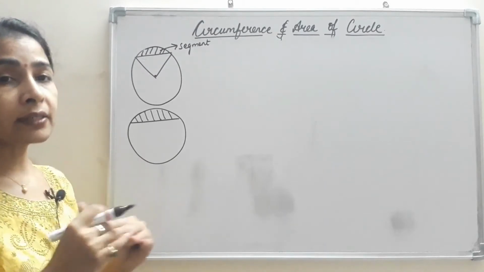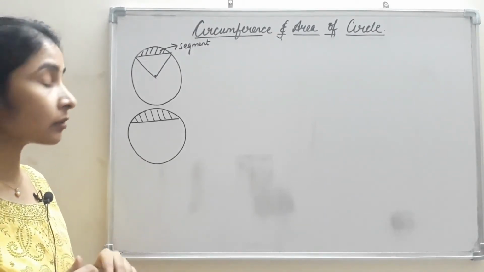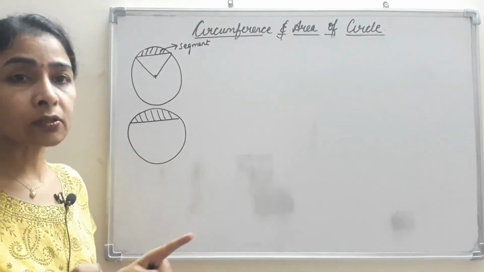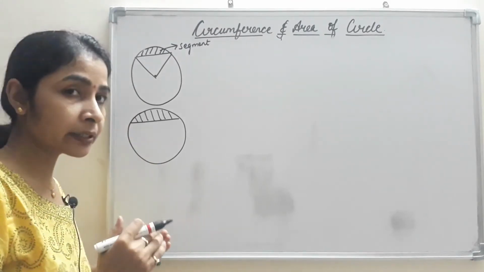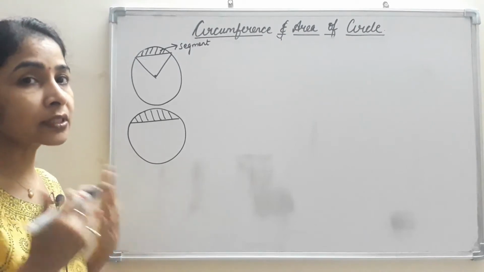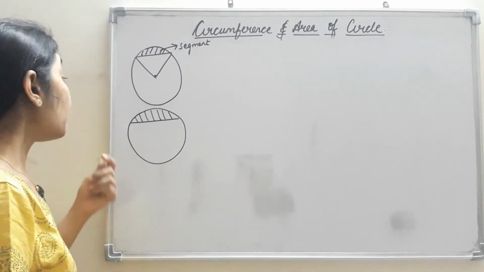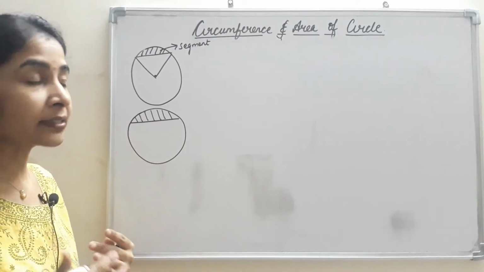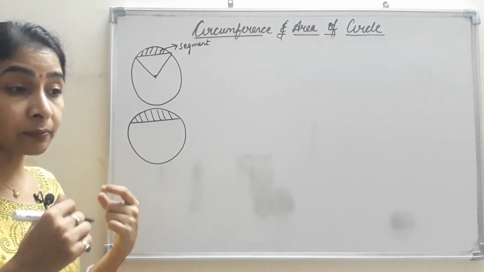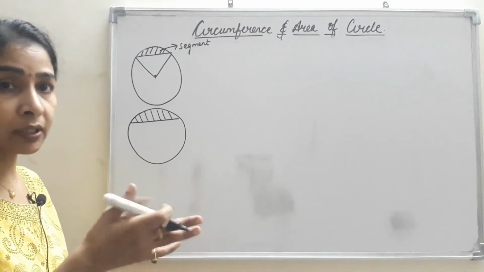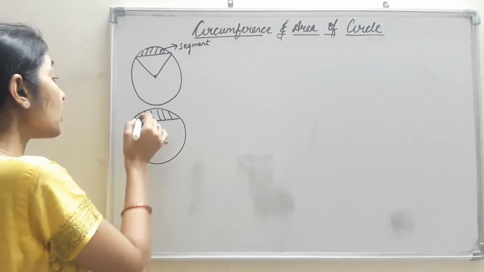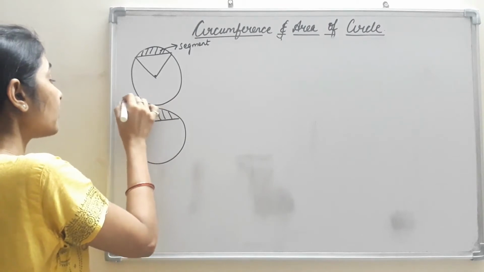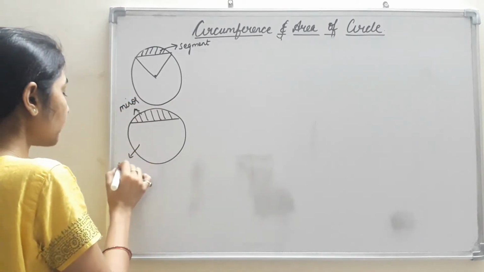So a chord divides the circle into 2 parts. The diameter is the longest chord in the circle. If it is a diameter, then it divides the circle into 2 halves, and each is called the semicircle. But when it is not a diameter, then it divides the circle into 2 parts. Now when the parts are not equal, one will be smaller and the other will be bigger. So the smaller part is called the minor segment and the bigger part is called the major segment.